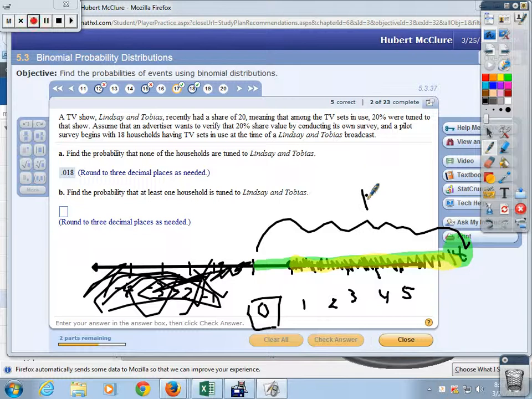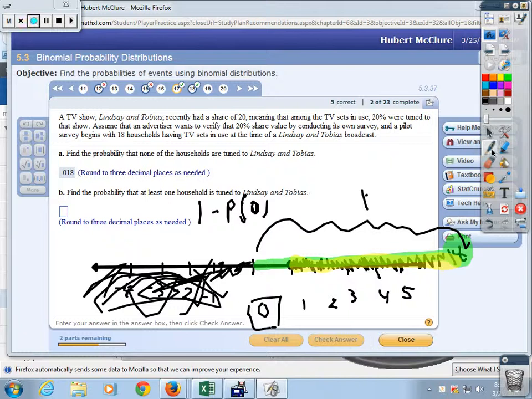So the easiest way to do this problem right here would be 1 minus the probability of what? 0 households. I guess somebody came in here and messed up the board. Okay, so 1 minus the probability of 0 households, unless you want to do 18 calculations.